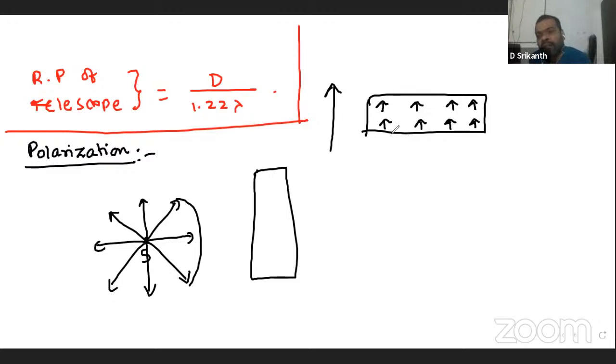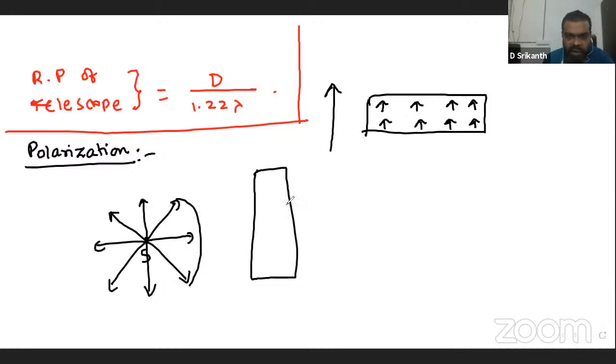Aligning all the dipoles along the direction of the field gives the magnetic moment per unit volume, which we call magnetization. The same thing here.